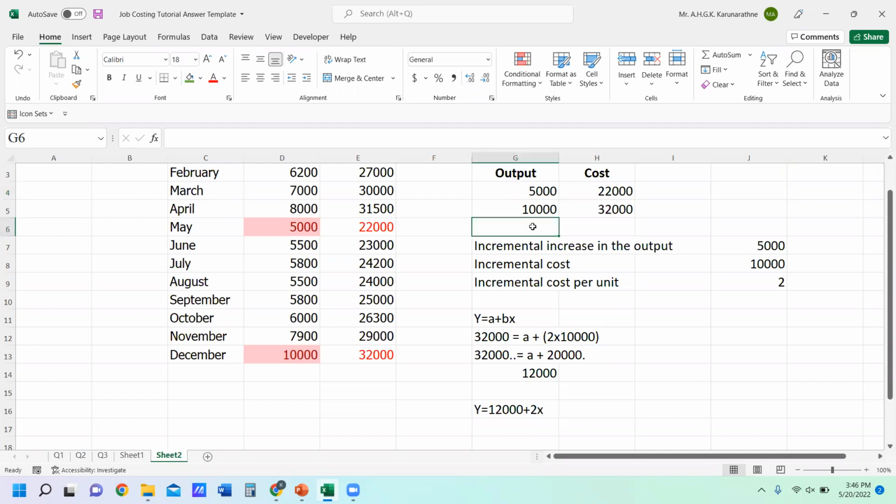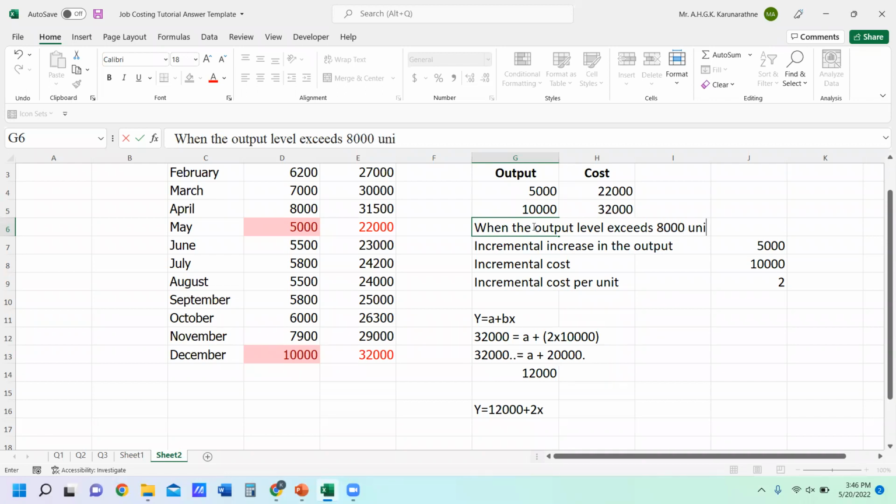It is not relevant for our scenario. Let's say additional information is given like this: when the output level exceeds 8,000 units, an additional fixed cost of rupees 2,000 should be incurred.